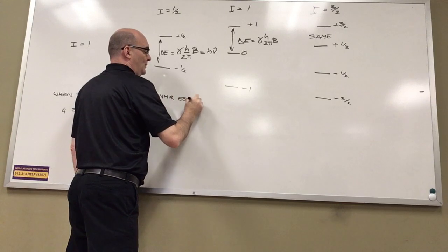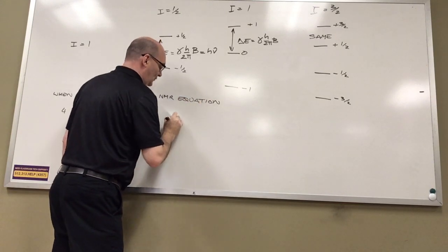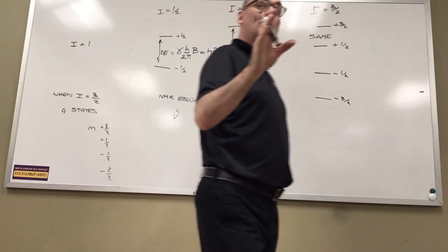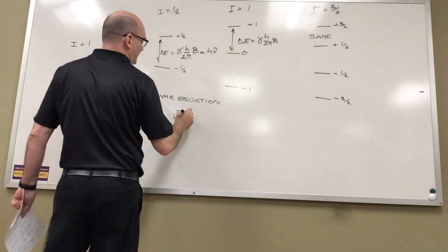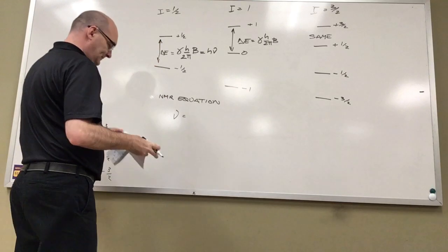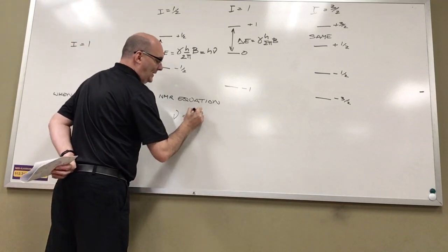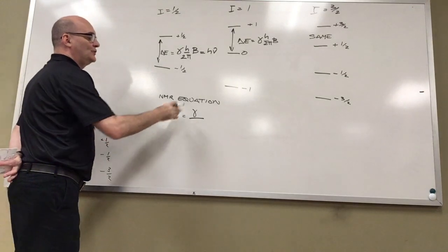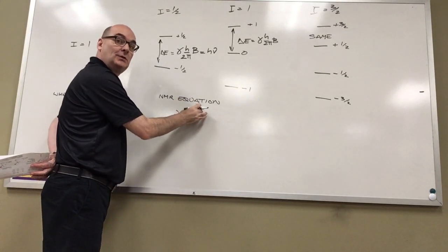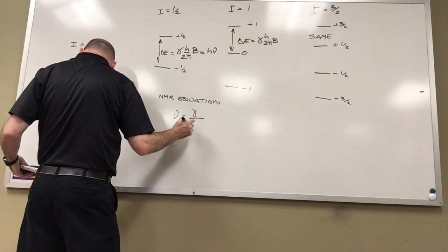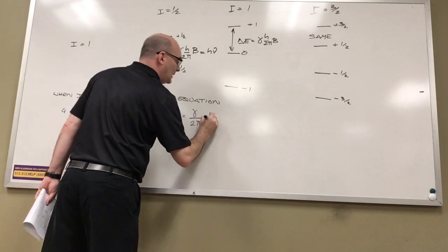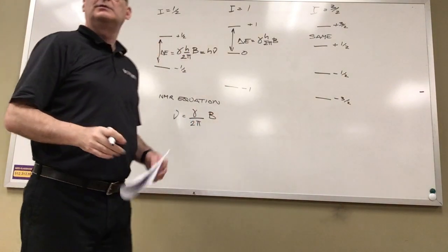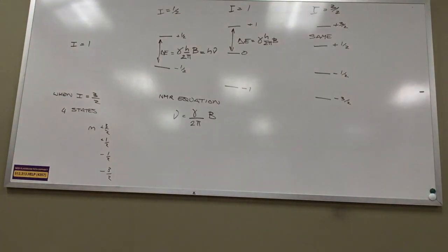give us what's become known as the NMR equation, because we're going to plot frequency on a scale. And that frequency, the frequency of my resonance, is equal to a constant, the magnetogyric ratio, which is inherent to the nucleus, divided by 2 pi, so that's just a constant, times the strength of the magnetic field.